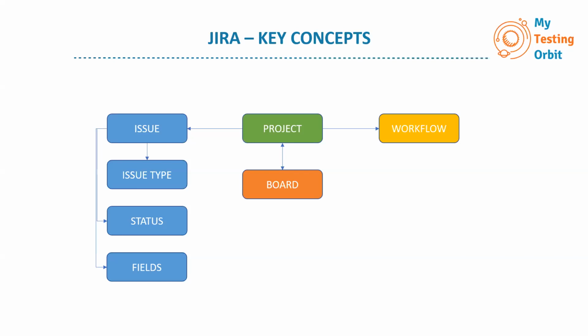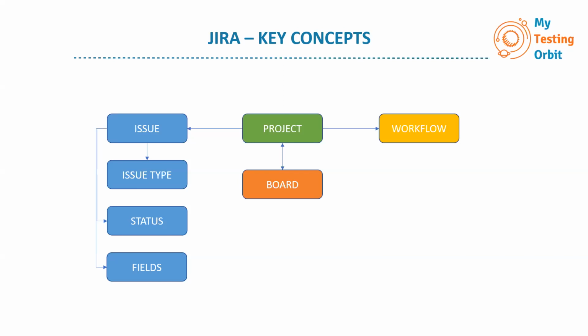Most of the time it's just added in the description with the heading of acceptance criteria, but we can customize it. And if we are talking about a bug, then in the description area we can specify the steps to reproduce that bug, that is, how we got that bug. Those kinds of things can be mentioned in the fields.